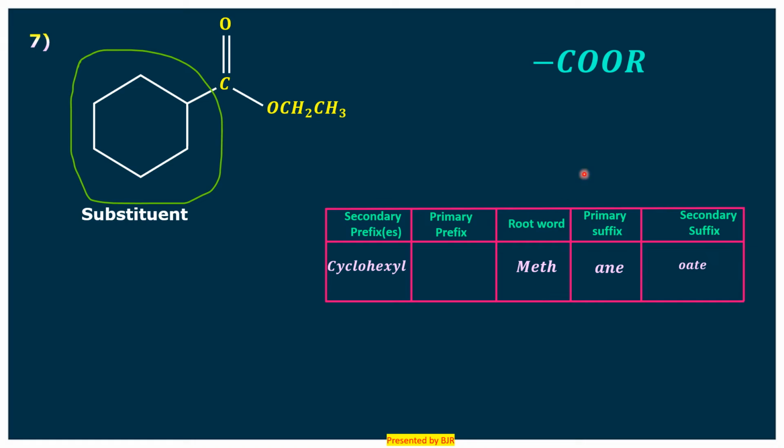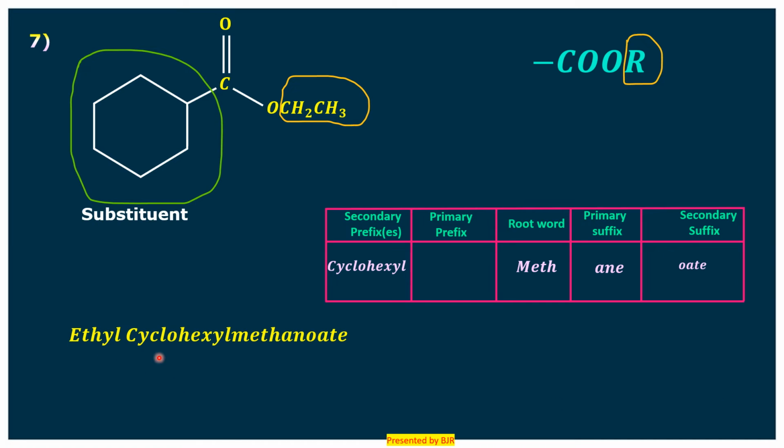So here the alkyl group in the COOR functional group should be named first. So ethyl cyclohexyl methanoate. See here, this is the alkyl group. It should be named first. So ethyl cyclohexyl methanoate. This is the IUPAC name of this organic compound.